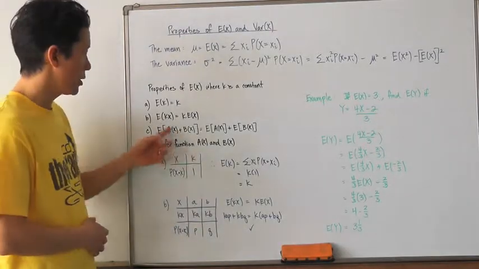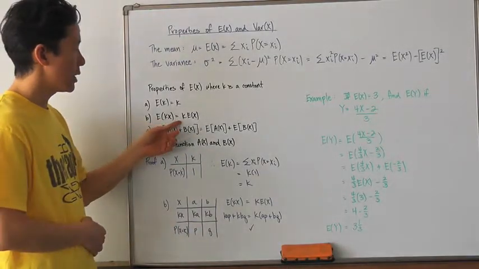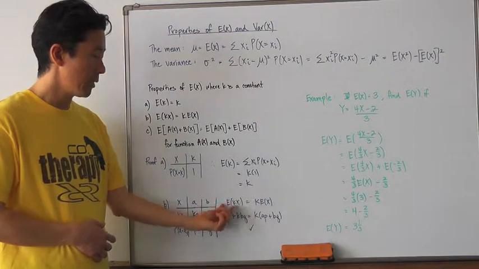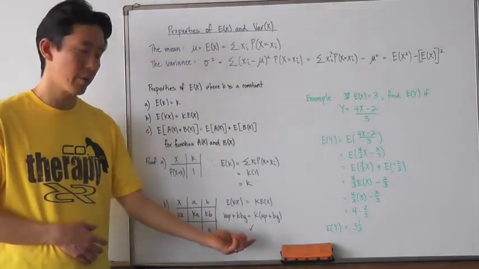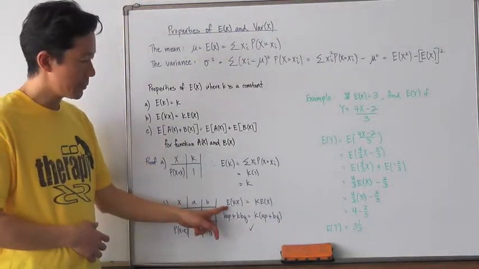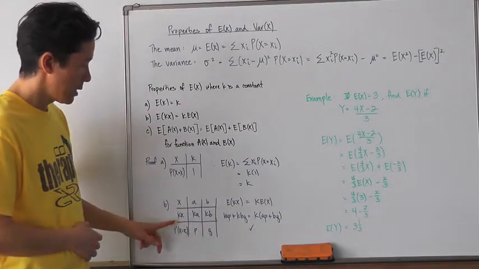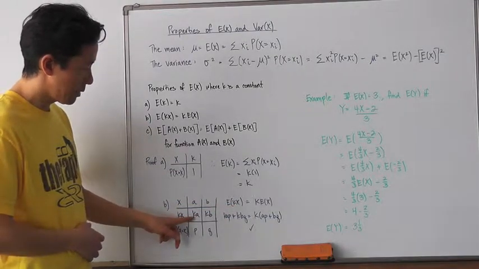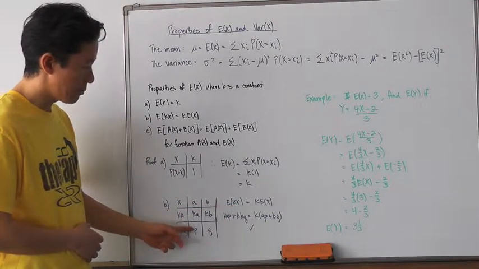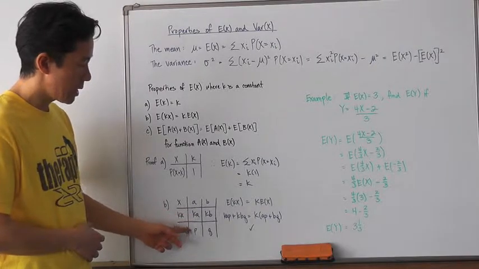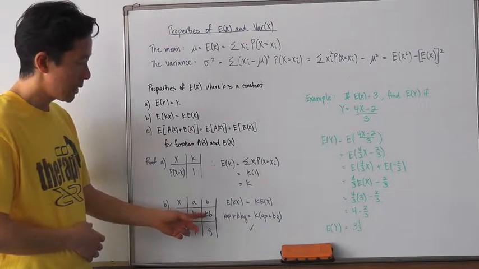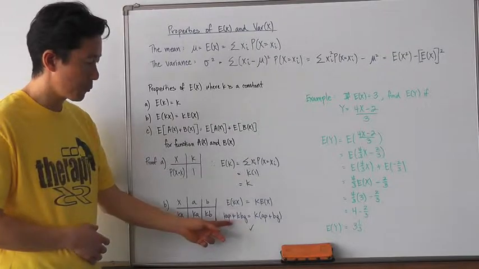We're going to show that this equation is true by looking at the left and the right hand sides separately. If I take the expectation of k times x, I take these values and multiply them by their associated probabilities: ka times p plus kb times q.